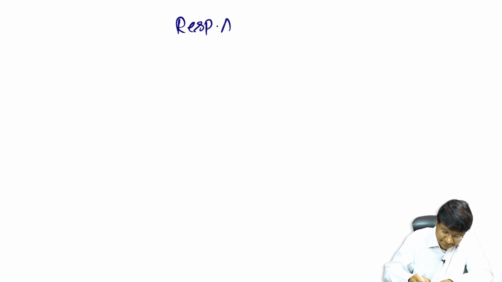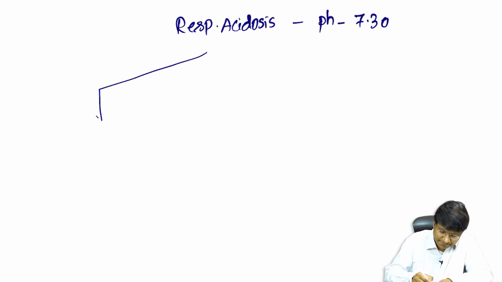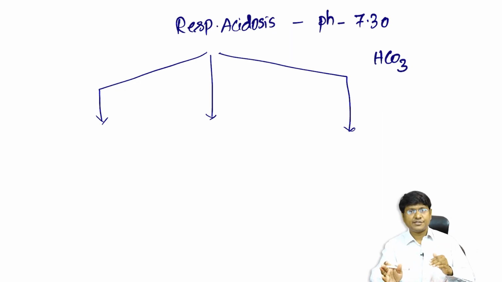Now in that question, respiratory acidosis was there, because of which the pH was 7.30. Whenever there is respiratory acidosis, what should happen to the bicarbonate?